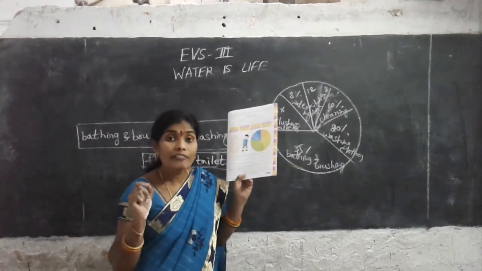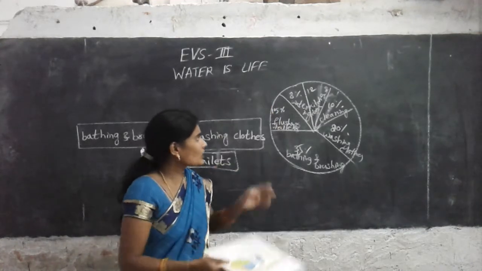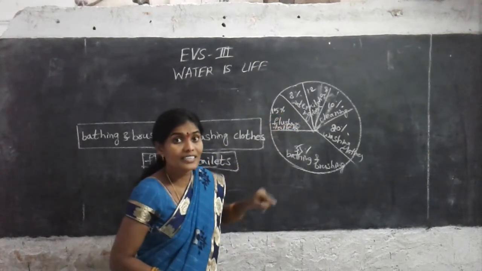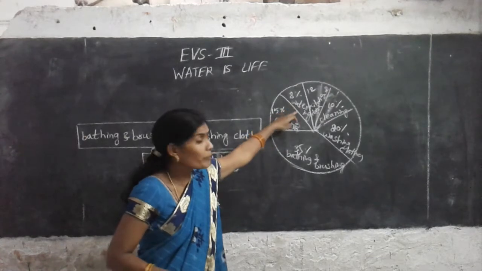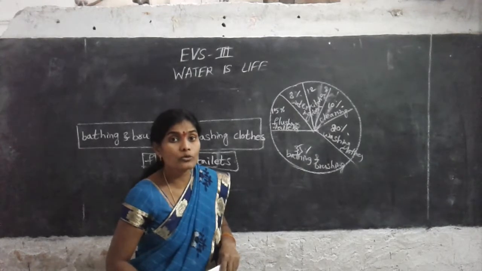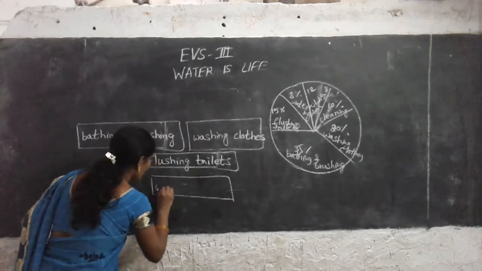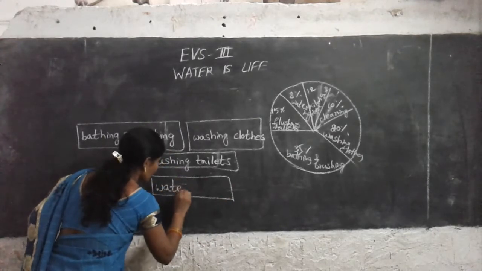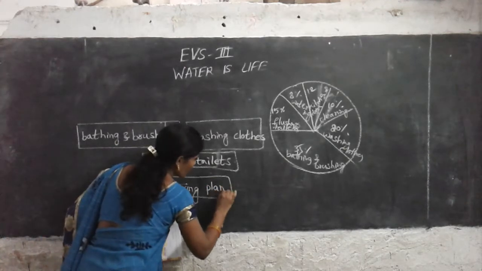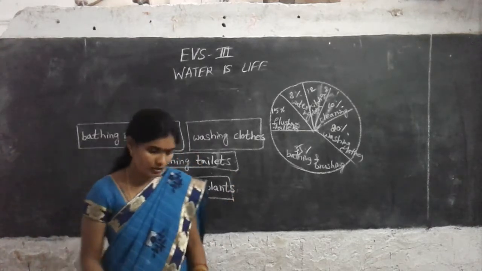Means for which activity we are using less quantity of water. Look, where are we using less water here? Here 8%. For what purpose? For watering the plants. 8% of water we are using for watering plants. Write down here, watering plants. Complete your answers.